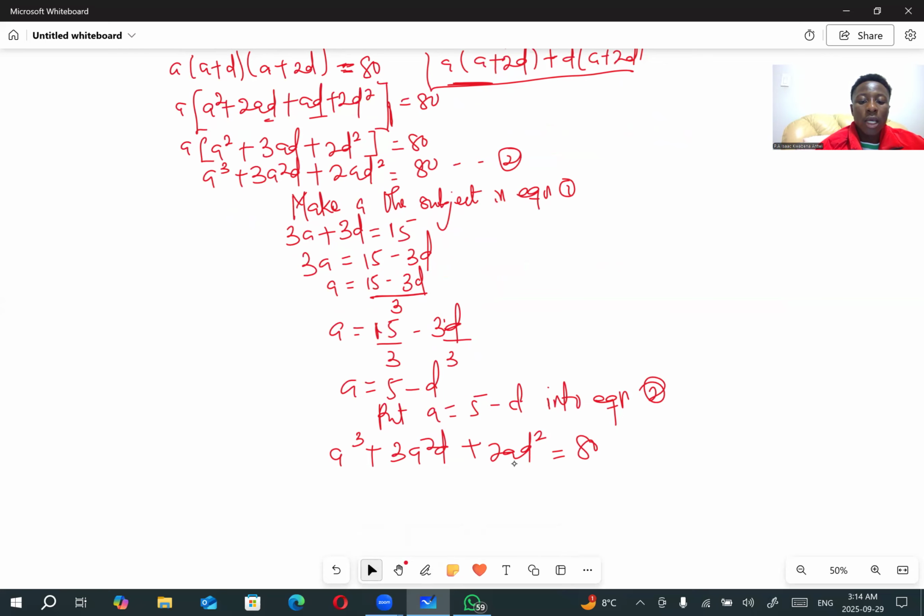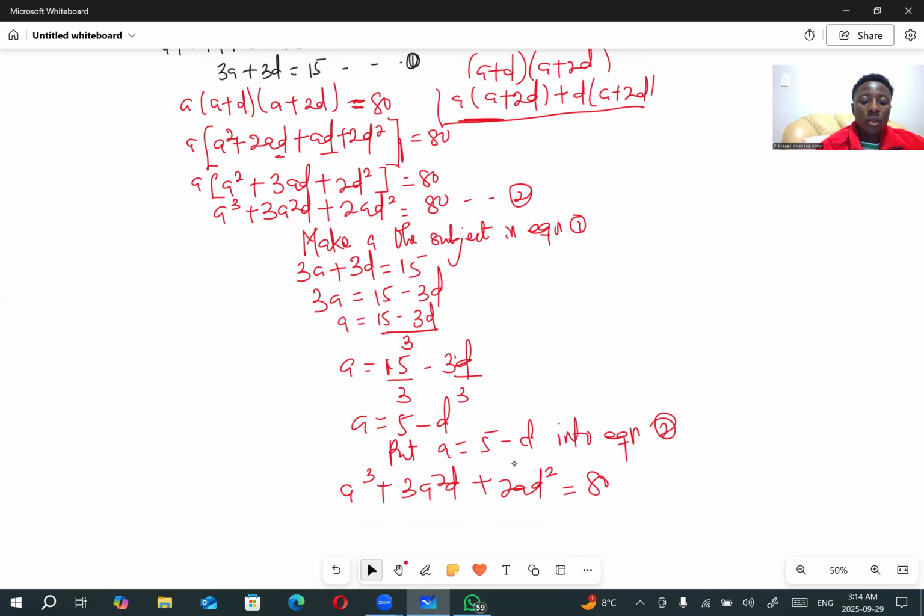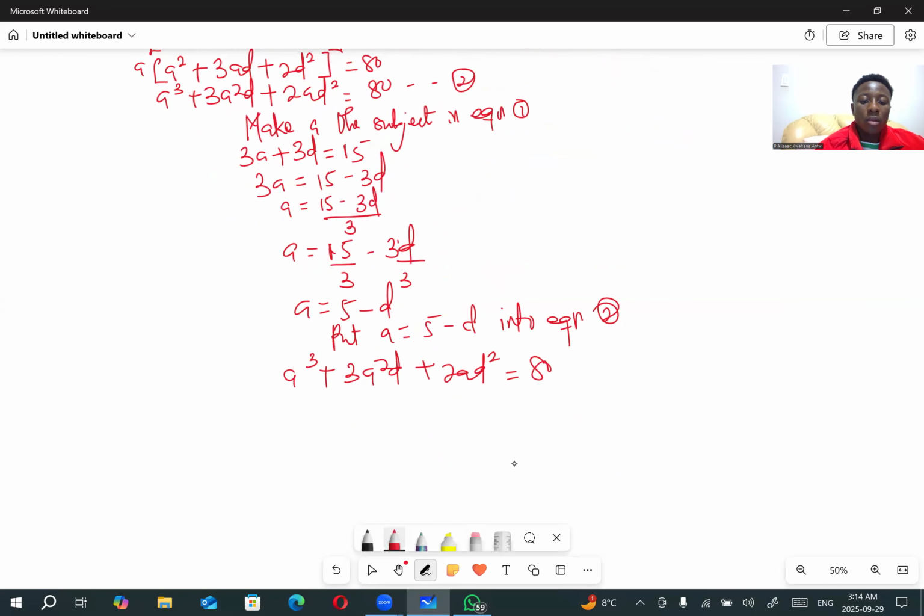Now let's substitute. 5 minus D, cubed, plus 3 times 5 minus D, squared, times D, plus 2 times 5 minus D times D squared. Good.